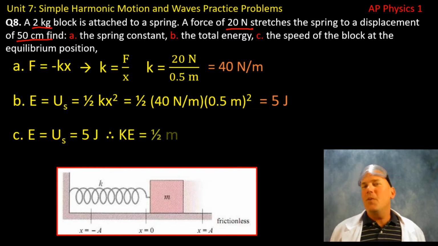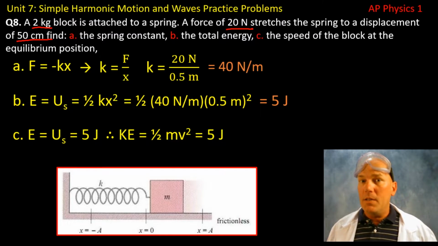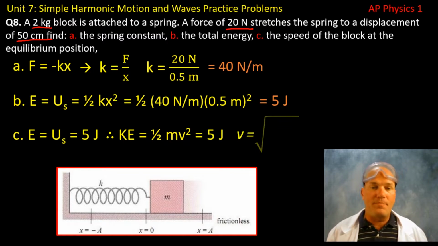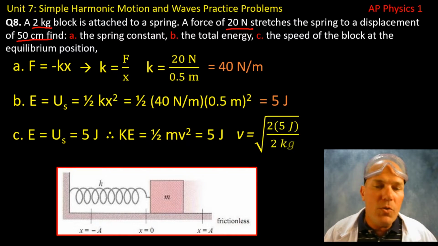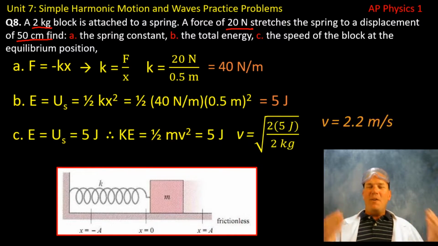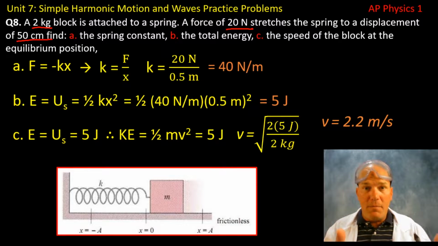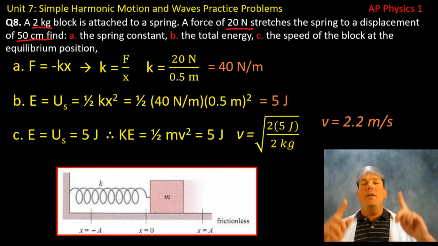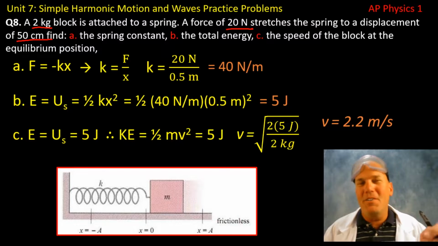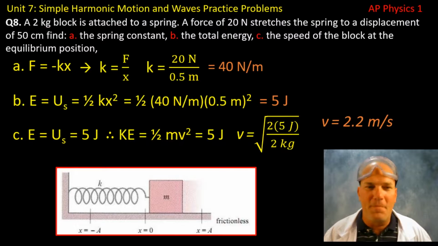So this is going to be not only the speed at equilibrium, but really the greatest speed of the block throughout its oscillatory motion. So setting 5 joules equal to 1/2 mv squared, solving for velocity, we can get that the velocity, and remember, that is the maximum velocity, is going to be 2.2 meters per second, whether it's going left or going right in its oscillatory motion.